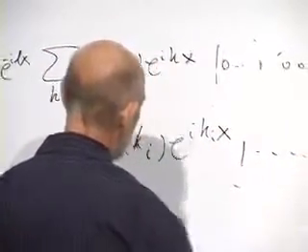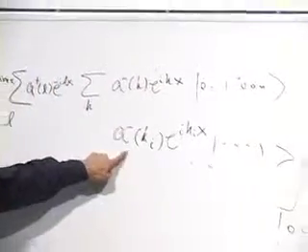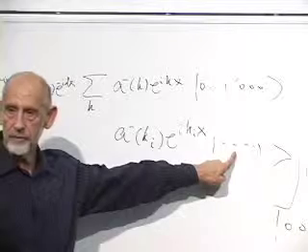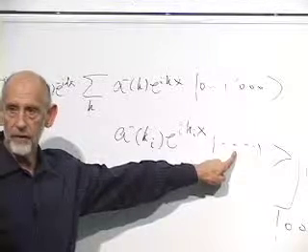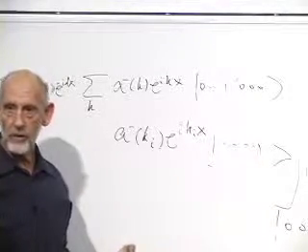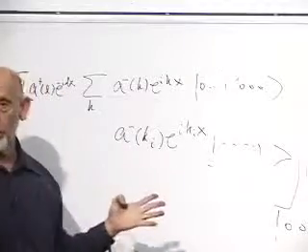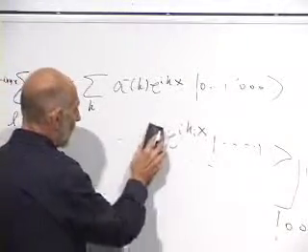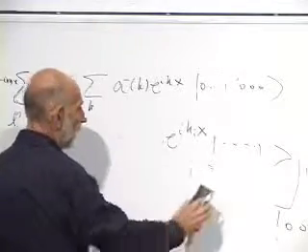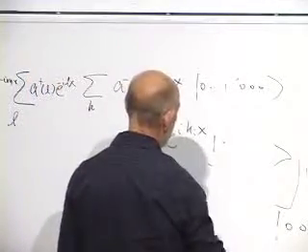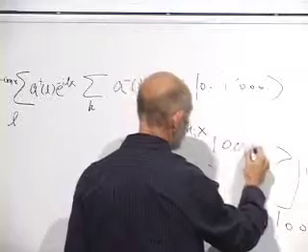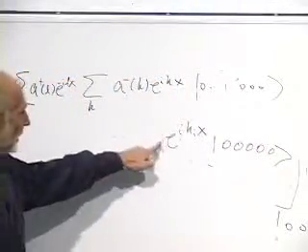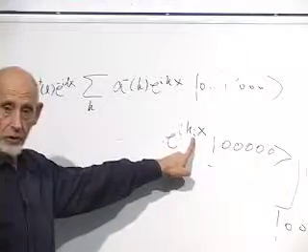Now what does the annihilation operator do when it hits this state? It just removes that particle with a coefficient of 1. So we just erase the particle, and all that's left is a state with no particles times e to the I k initial x.